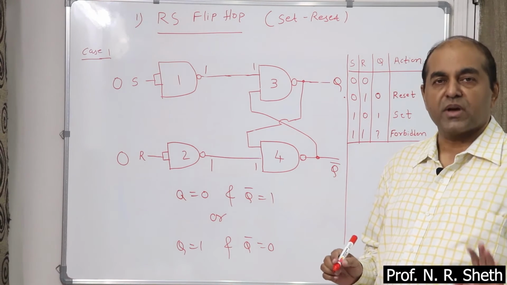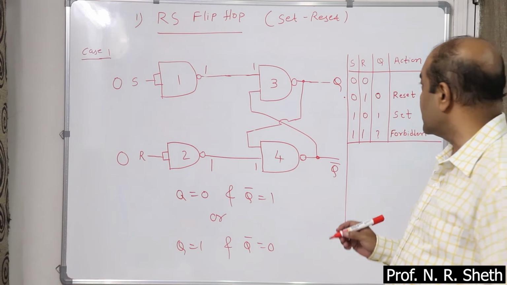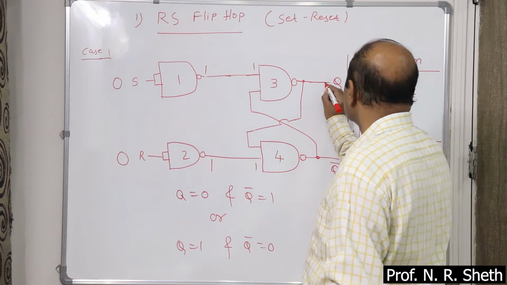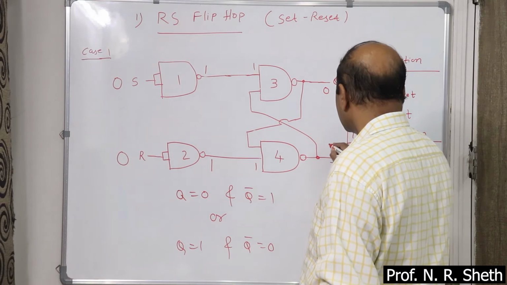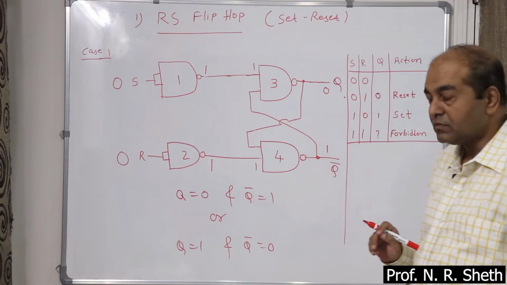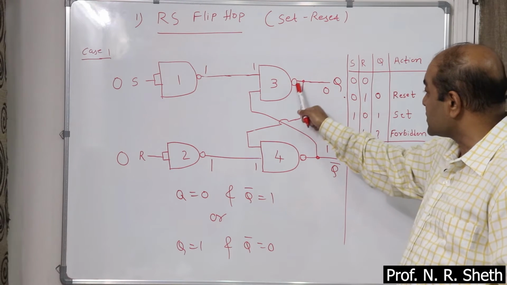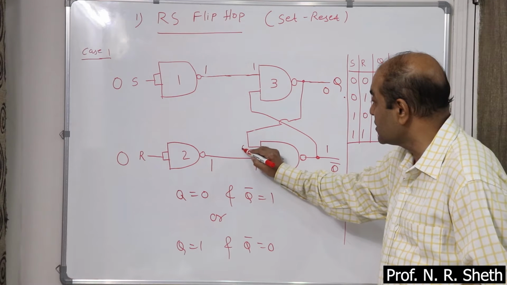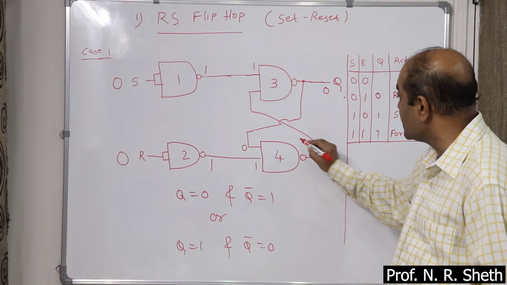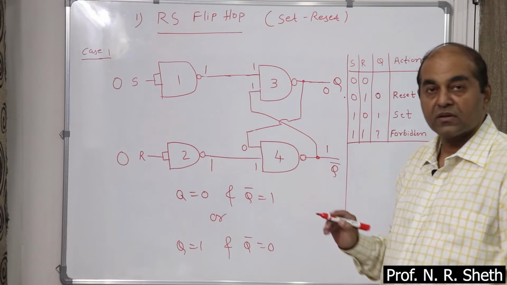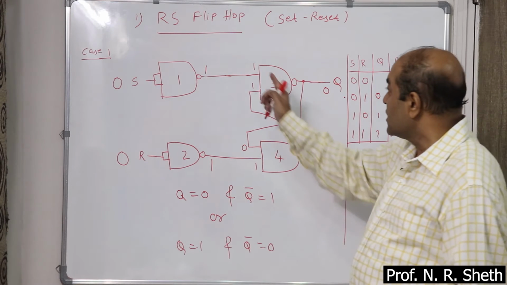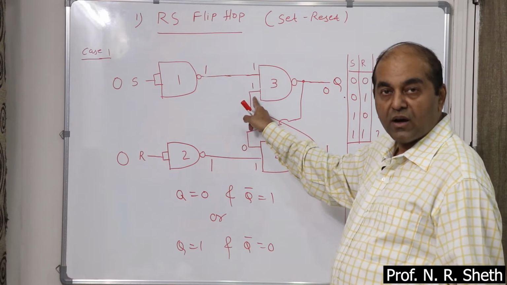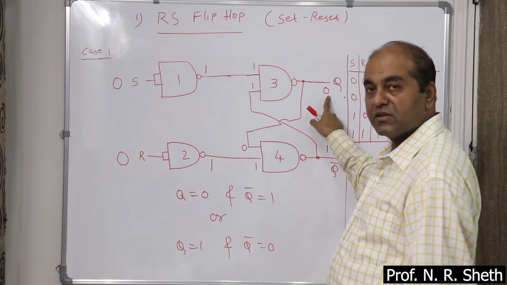Let's assume that in the previous state Q is 0 and Q bar is 1. Now if this input is 0, 0 comes here. If this is 1, 1 comes here. Here both the inputs are high, so output is 0.